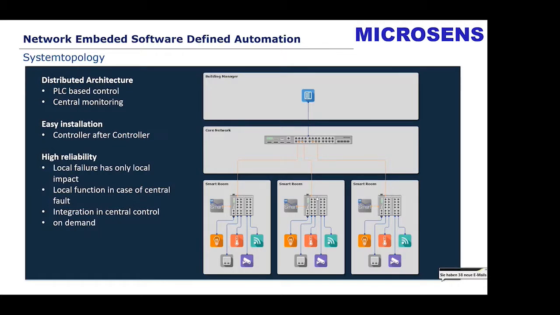If something happens to a local device like this smart room controller, only this part is affected, not the complete system. And all the information you collect over the switches, for example in the room, is available later on the management layer, our smart building manager.